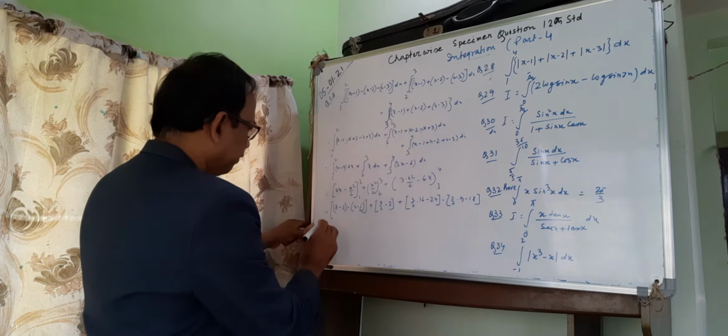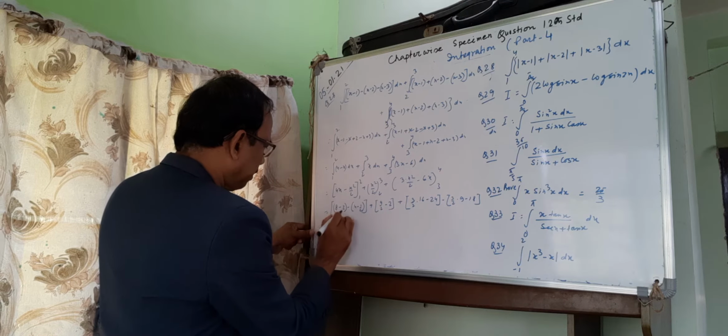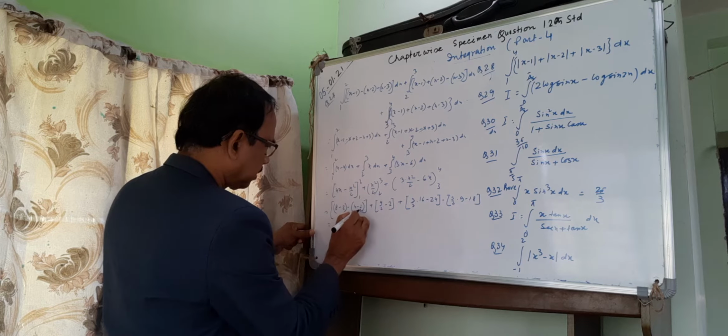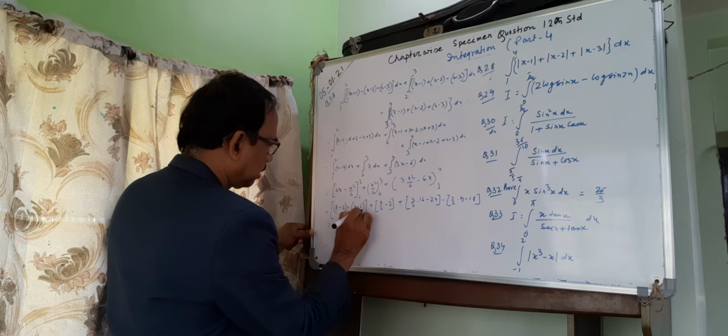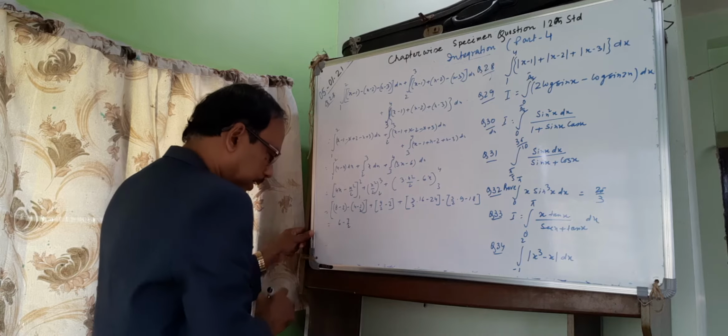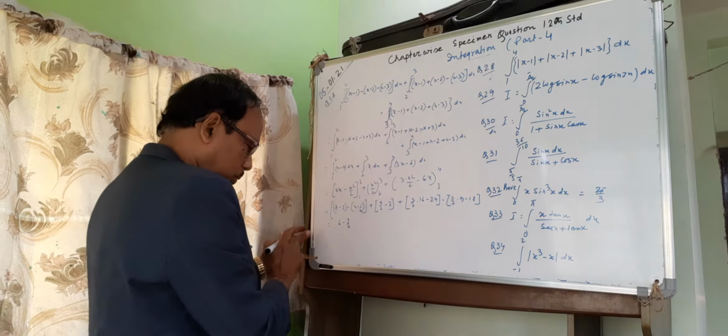Now remove it. That is 8 minus 6 minus 7 by 2, 6 minus 7 by 2.